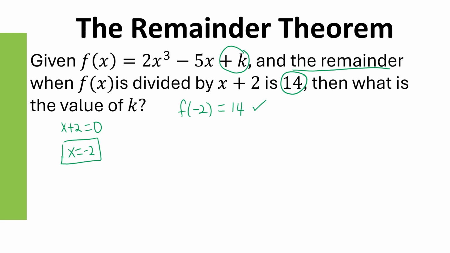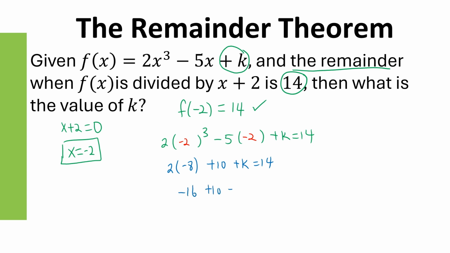Now we can use this information to find the value of k. I'm going to rewrite this function as 2 times x to the third minus 5 times x plus k equals 14, where x is negative 2. So we have 2 times negative 2 to the third, which is negative 8. Negative 5 times negative 2 is positive 10, plus k equals 14. 2 times negative 8 is negative 16, plus 10, plus k equals 14.